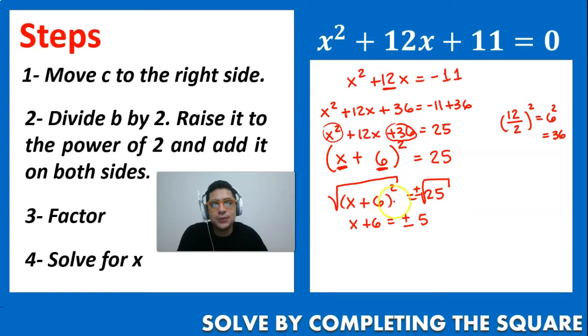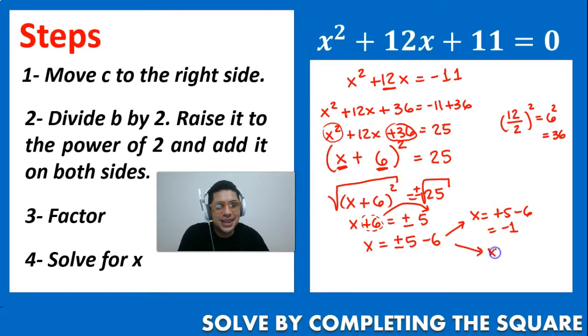And now we just have to solve for x. So x is going to be equal to plus or minus 5 minus 6, because this 6 moves to the right side. Now we have that x is equal to plus 5 minus 6, which is minus 1, or we can also see that x is minus 5 minus 6, and that is equal to minus 11.